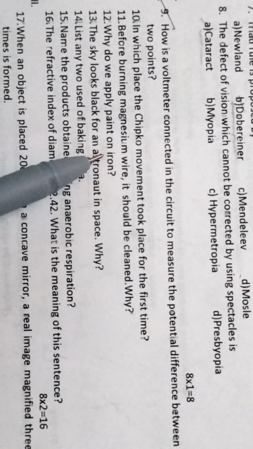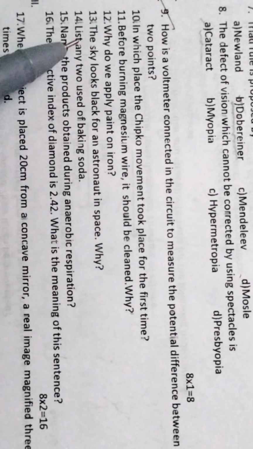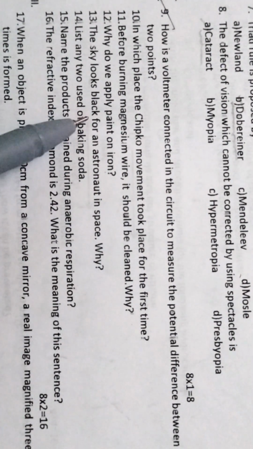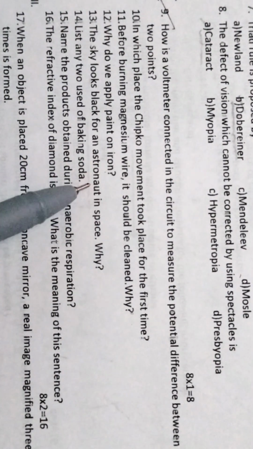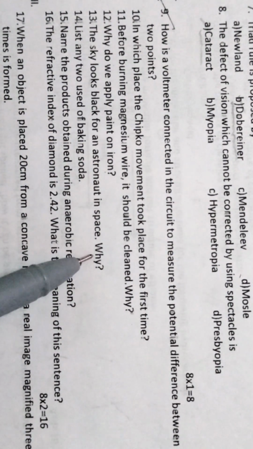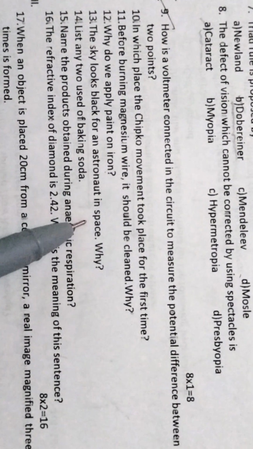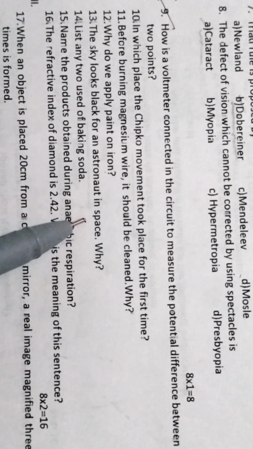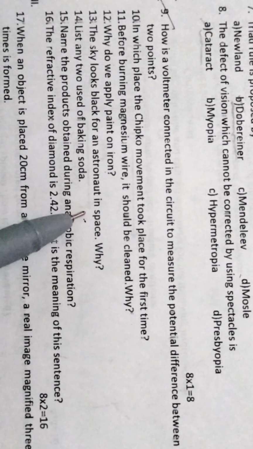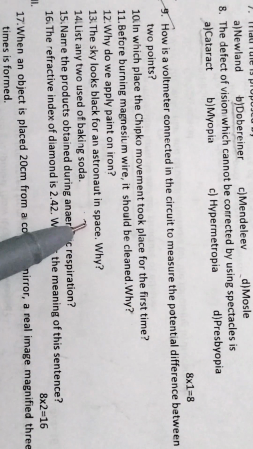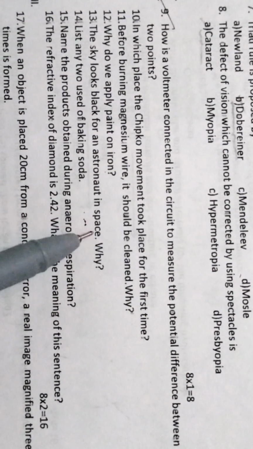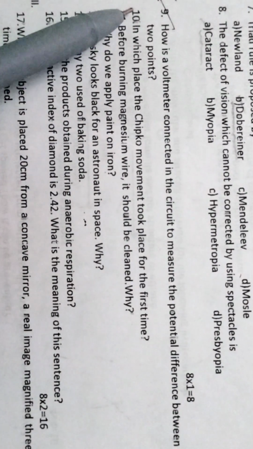Because to avoid corrosion. The sky looks black for an astronaut in space. Why? Because there is no scattering of light due to lack of atmosphere.